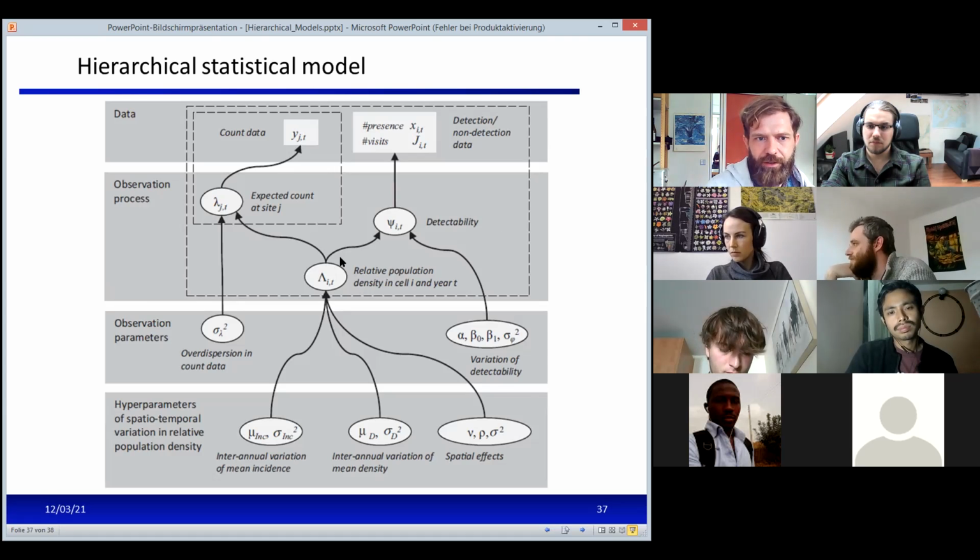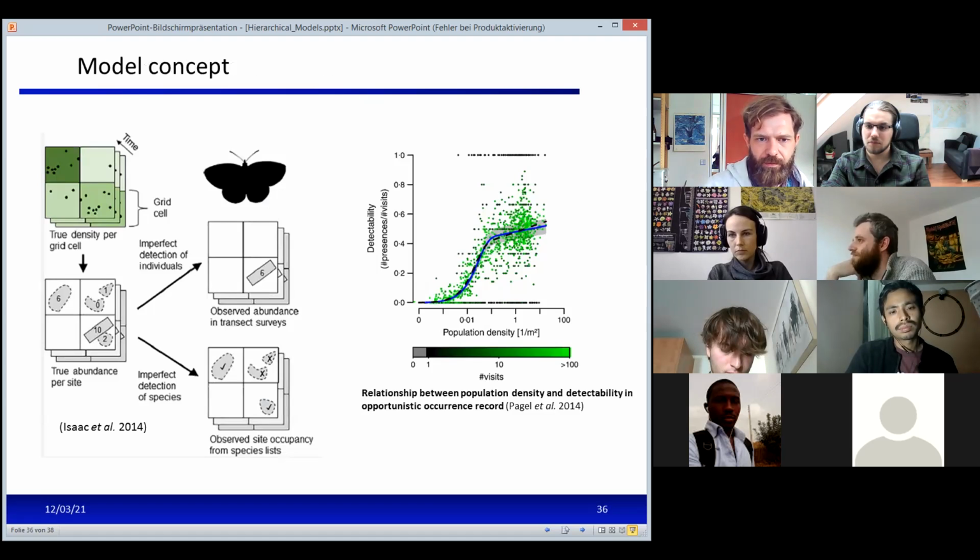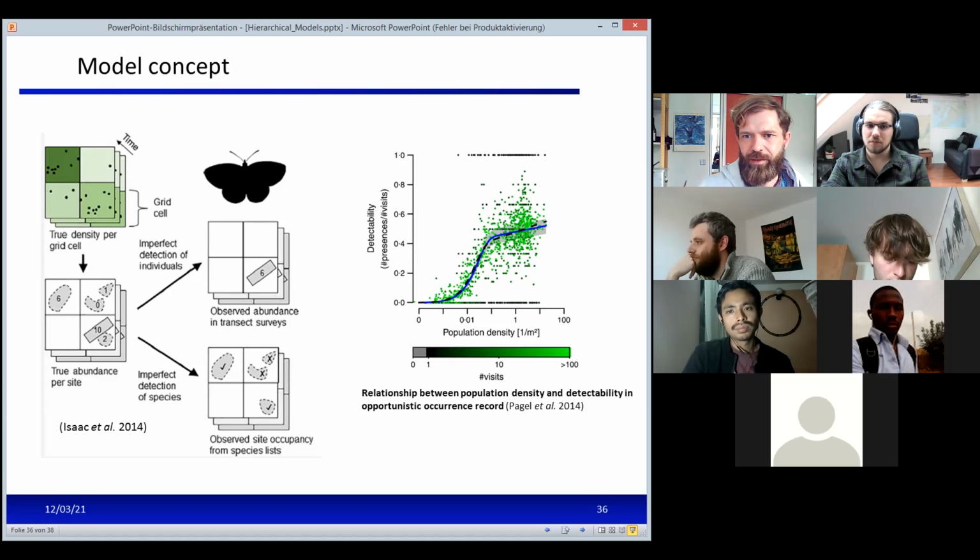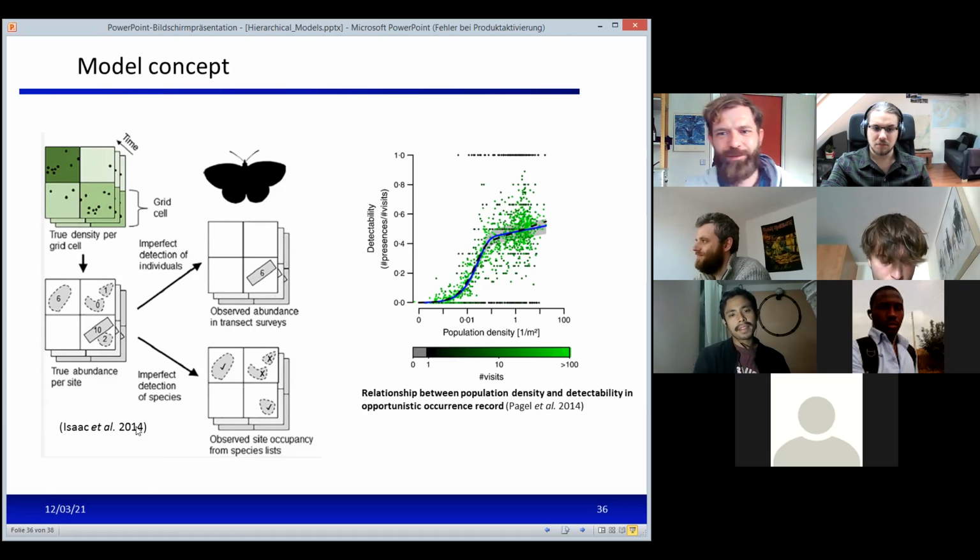That's also a big motivation for the development of these methods, that we now get this big amount of citizen science-based and presence-only data, like the ones you mentioned, or GBIF. They're also discussed quite a bit in this review paper by Nick Isaac, from 2019, not 2014, typo here.